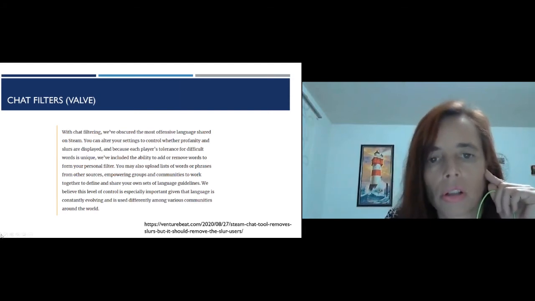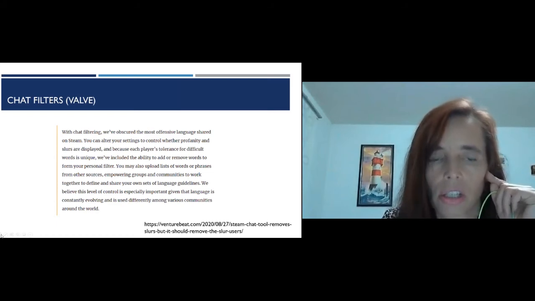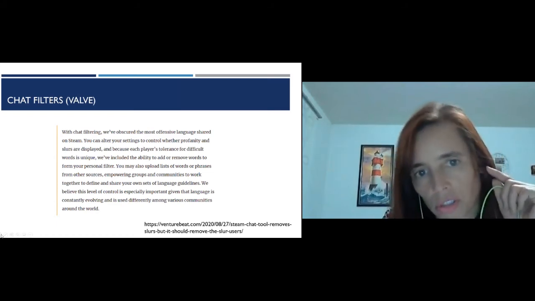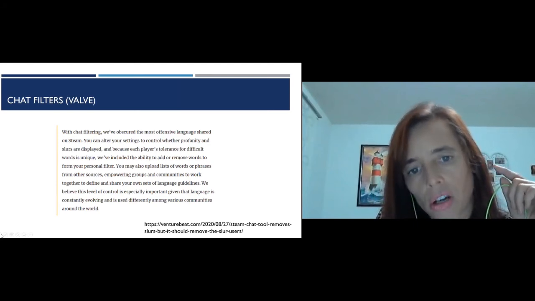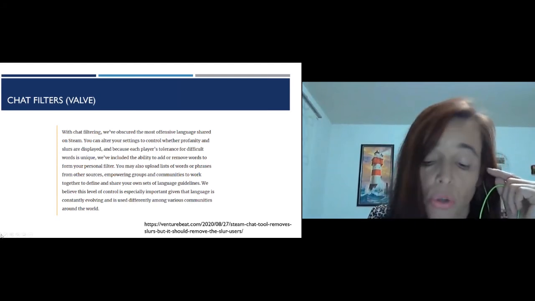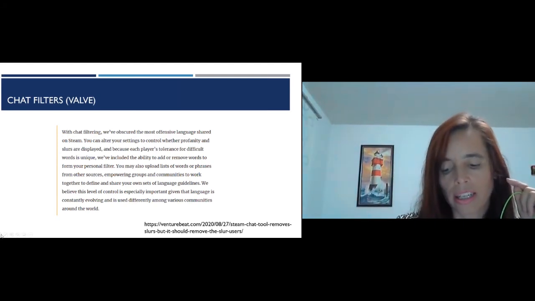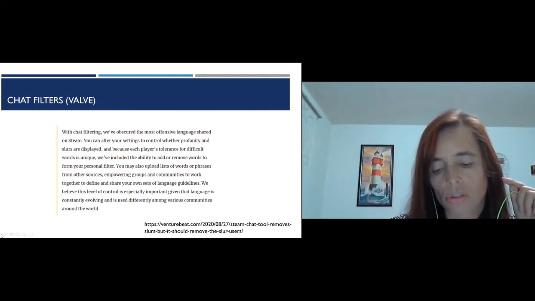Something also a lot of companies, especially if you have in-game chats, are doing is using chat filters, which means artificial intelligence filters out whatever words are there and should not be there. So it deletes inappropriate messages or it blocks messages from being sent.